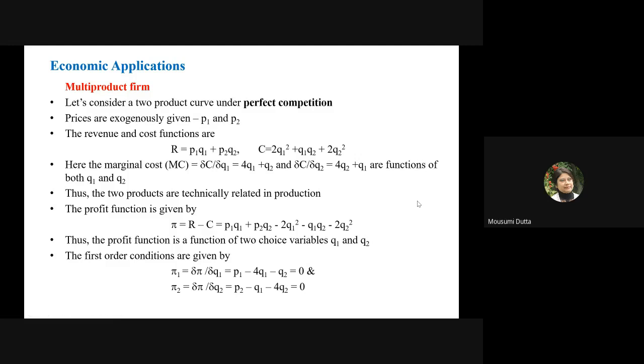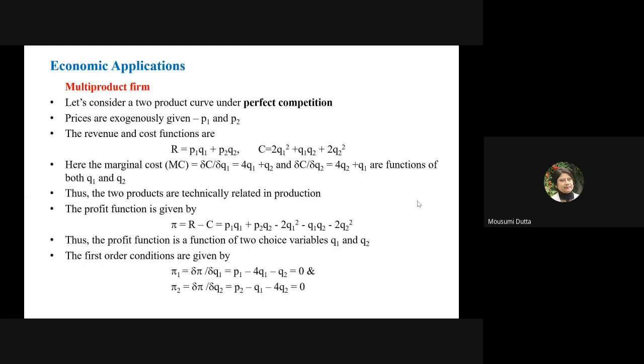Later, in the context of monopoly, when we go for multi-plant monopoly, you will find that the firm will change the production process, how much wristwatch it will produce or how much sunglass it will produce. That will depend on marginal costs. As long as the marginal cost of producing one commodity is lesser compared to the other, the firm will continuously shift resources to where marginal cost is lesser.